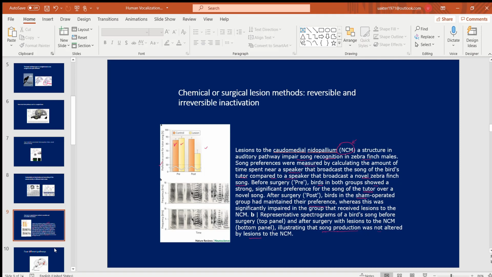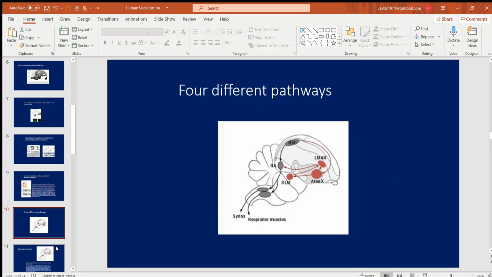This is pre and this is post lesion. Okay, so you can see the difference. So this is just one example of how the experiments are done.